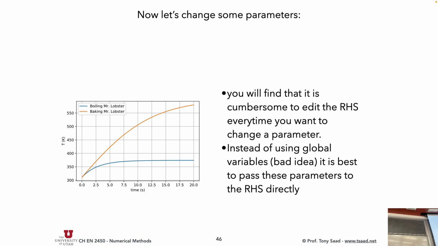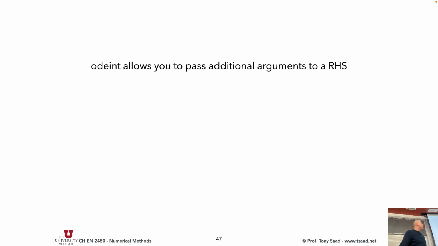Every time we wanted to change those parameters, we had to go back into the right-hand side and change the value, or put a global variable, which I really dislike, and then go back and change that global variable. A better, more programming-oriented approach is to try to pass everything as an argument, as much as you can.